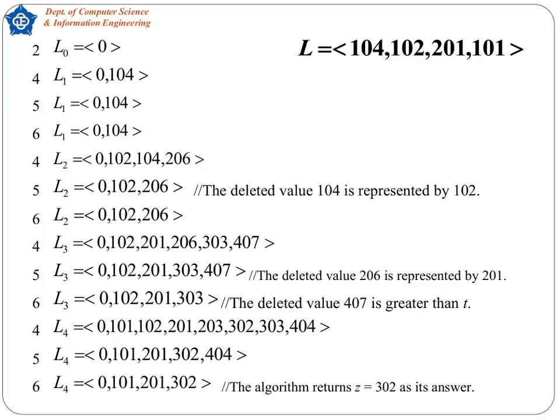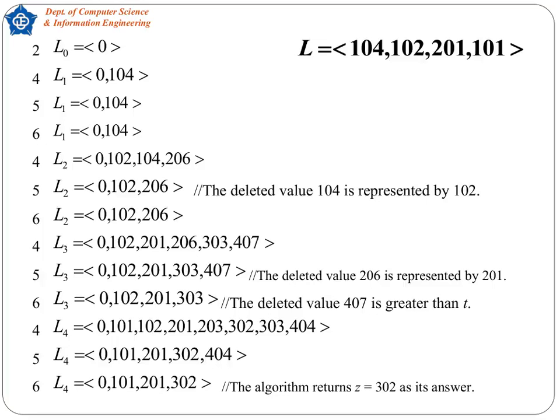4. Incorporate 201 → 0, 102, 201, 206, 303, 407. Prune 206, dominated by 201, and discard 407. It exceeds the target, so L3 equals 0, 102, 201, 303. 5.